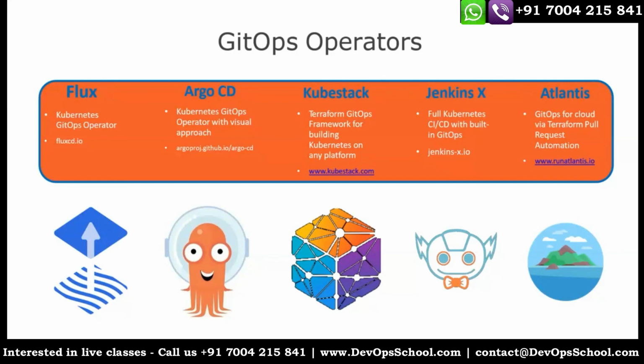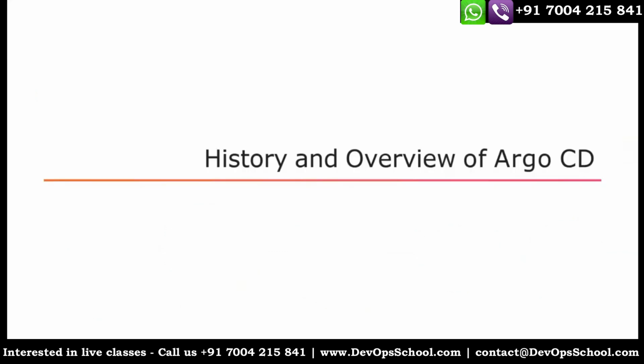Because Flux itself is a CNCF product, so it has a lot of integration built in with Kubernetes. They are coming from the same ecosystem, right? Now, Argo CD is the second one which we are going to learn, and Kubestack is the third, Jenkins X, Atlassian, and a few more. For example, CloudBees also I showed you, which has more features than this. So these are the operators for GitOps.